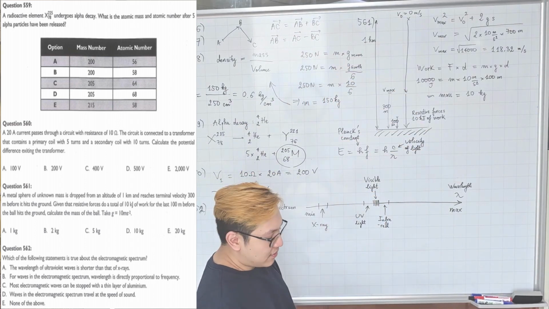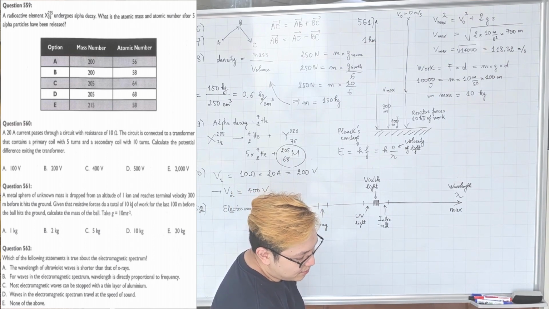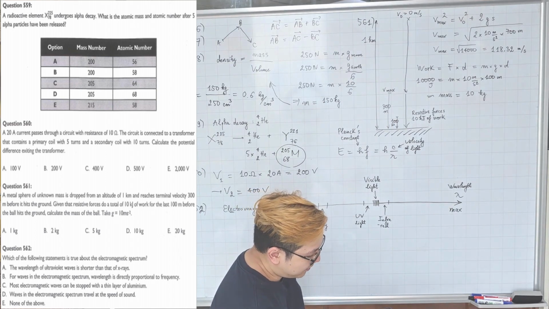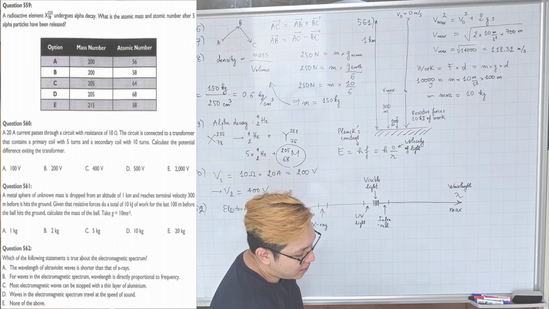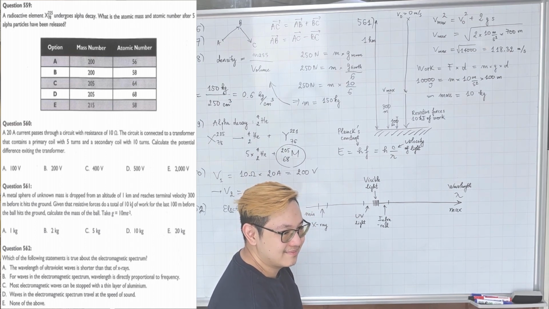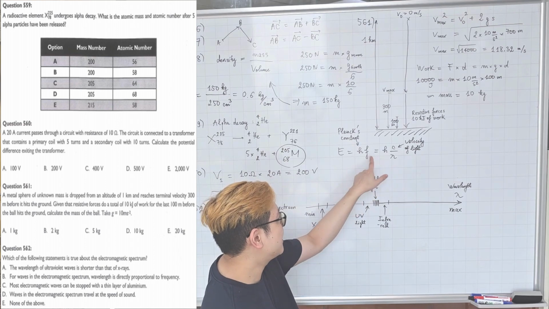B. For waves in the electromagnetic spectrum, wavelength is directly proportional to frequency. Cho những cái bước sóng ở trong cái phổ điện từ, bước sóng thì tỷ lệ thuận với tần số. Is it directly proportional?